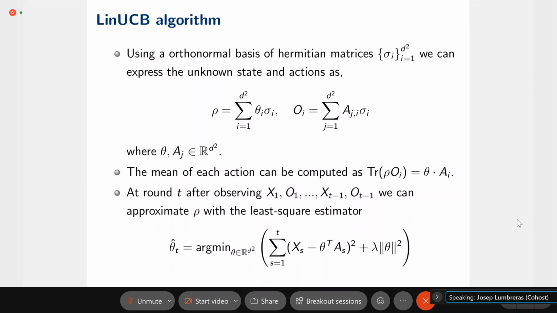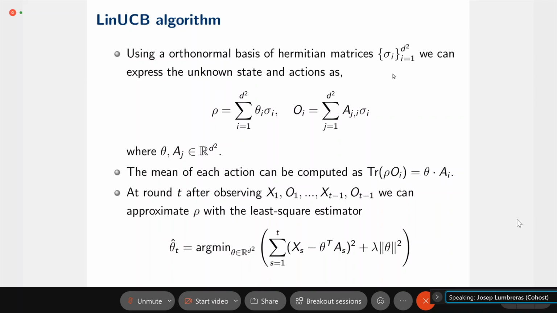In order to do that, we work with a vector representation of the quantum state and observables. So using an orthonormal basis for Hermitian matrices, we can decompose the quantum state as follows: it can be written as the inner product of a real vector and the set of Hermitian matrices sigma_i, with i from 1 to d squared, where d is the dimension of the Hilbert space.